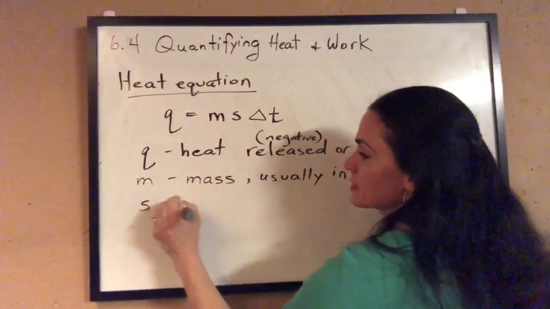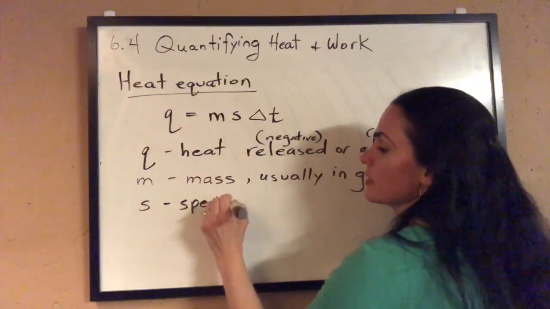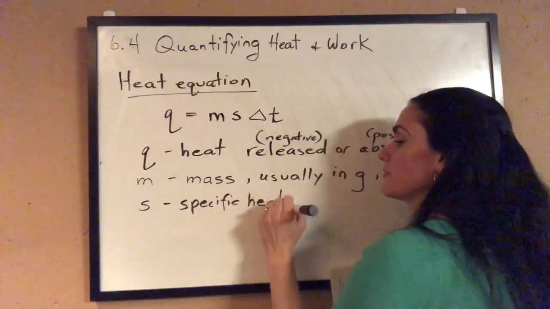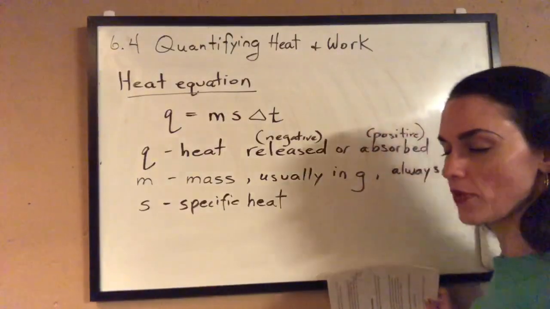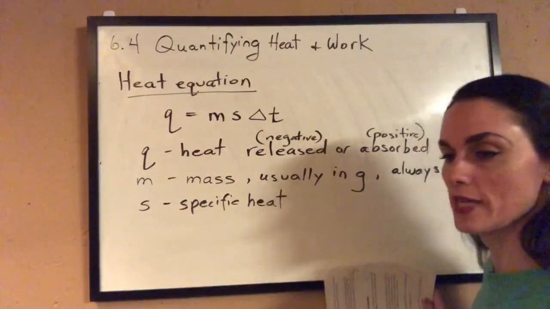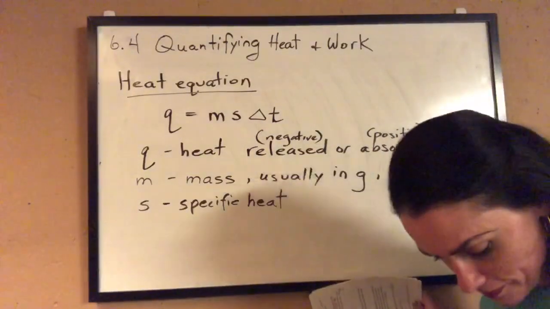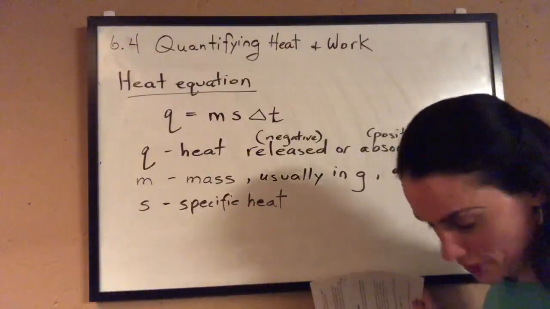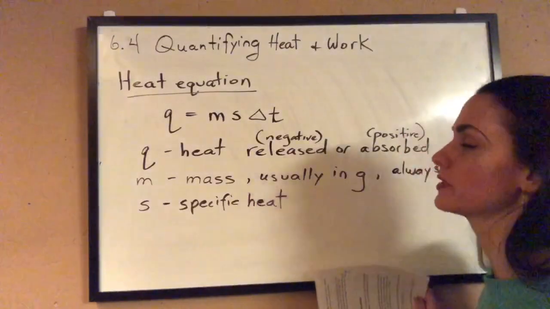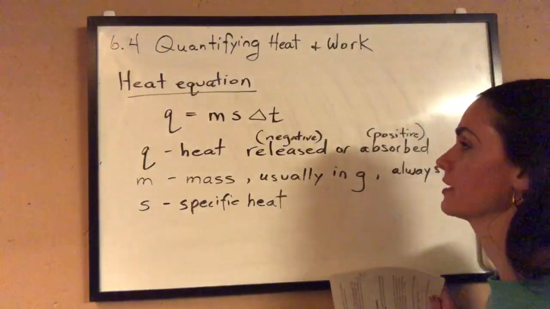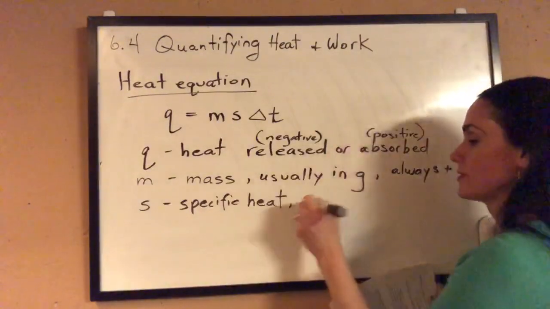S is reference to specific heat. Specific heat is the amount of heat required to raise 1 gram of a substance by 1 degree Celsius. I'll write that definition out, and that's positive.